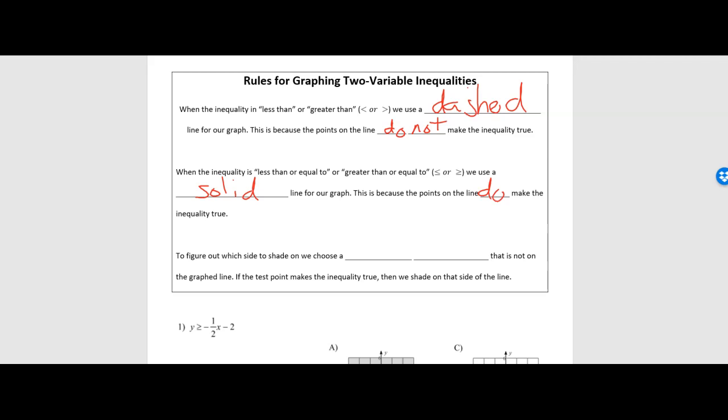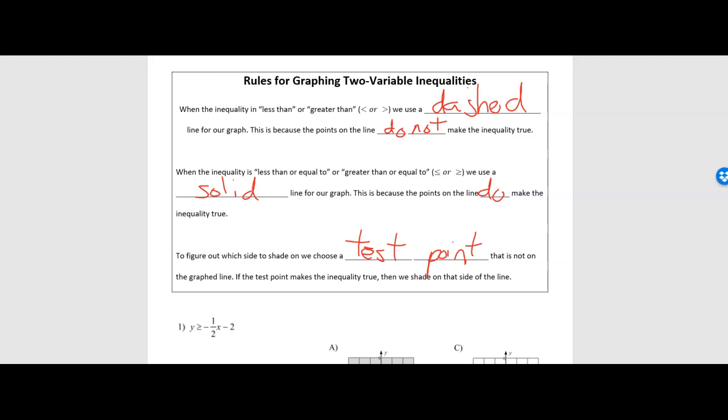And then to figure out which side to shade on, we use a test point that is not on the graphed line. If the test point makes the inequality true, then we shade on that side of the line. If the test point makes the inequality false, we just shade on the other side of the line.